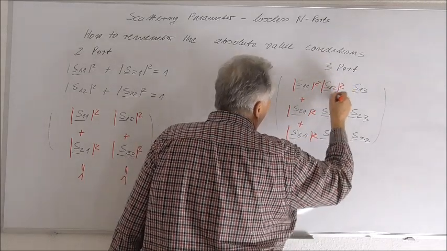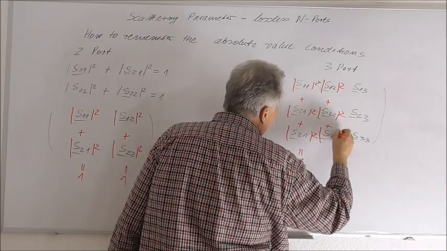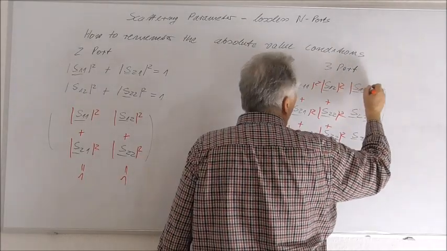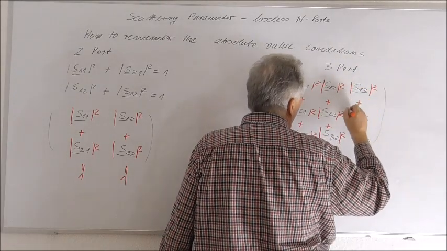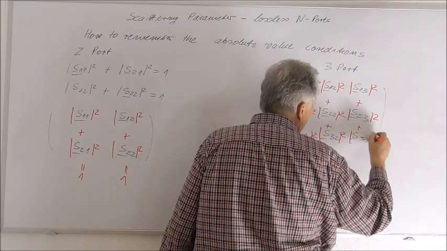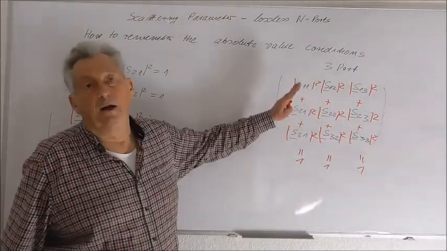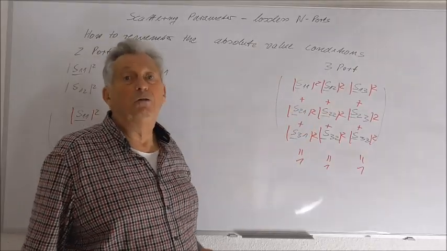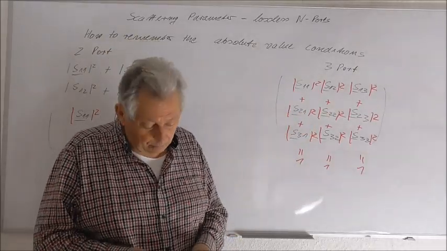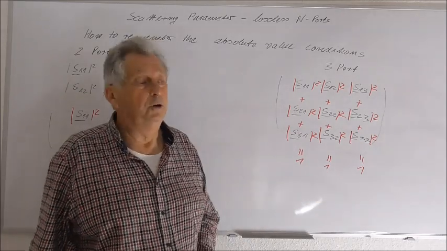The absolute value squares of the elements of each column must sum to 1. So we can very easily extend this to an n-port: an n-port must fulfill n absolute value conditions.